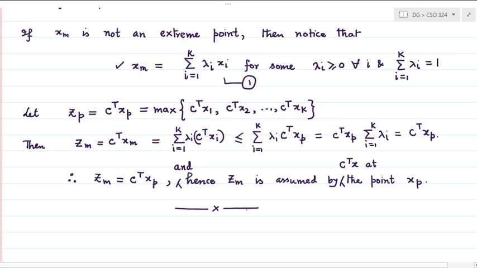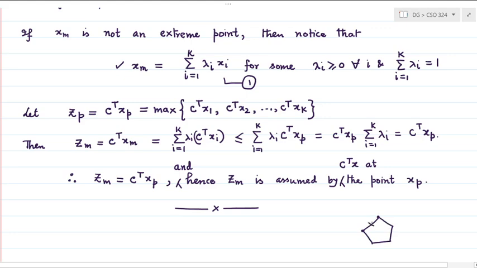Fine, and afterwards we will end up with a particular result, that if the objective function of an LPP assumes its optimum value at more than one extreme point, then every convex combination of the extreme points also gives the optimum value of the objective function. Let's suppose I have two extreme points at which the linear programming problem assumes its optimum value, the objective function C transpose x gets its maximum value.